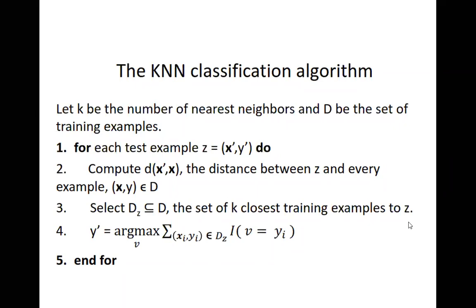Once you calculate the distance, you'll get a set. In our case, four examples are there, so in D subscript Z you'll have four values. Four values are nothing but the distance between the test example and the four training examples. Once you have four values, what must you do?